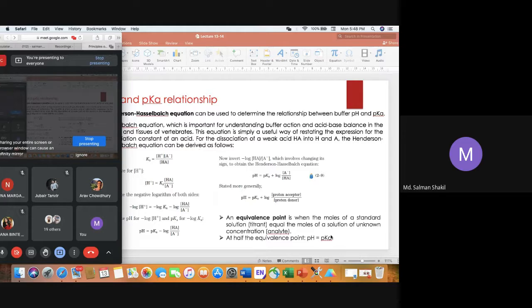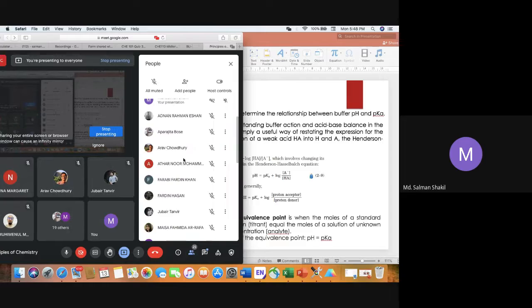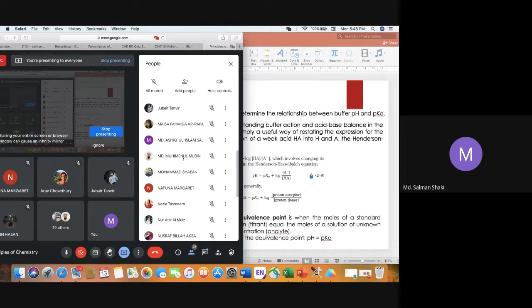Is it clear? সবার কাছে? সবাই কি বুঝতে পারছে নাকি পারে নাই? ফারদিন হাসান, জি স্যার, তুমি কি বুঝতে পারছো নাকি পারো নাই? পেরেছি স্যার। মাইশা, অপরাজিতা বোস, তাসনিম, okay, no problem.